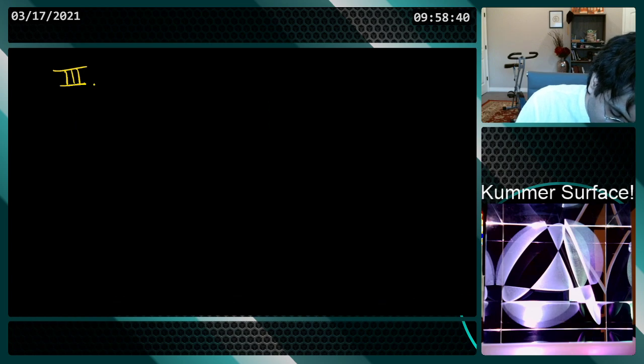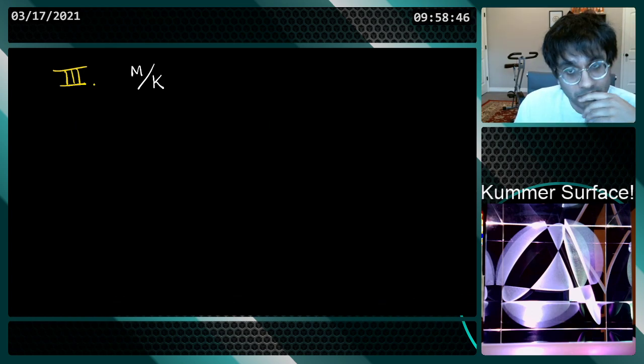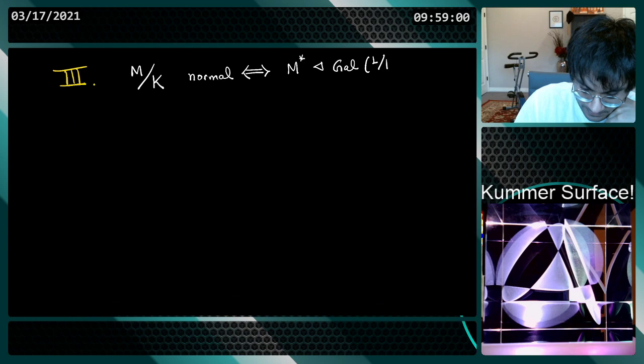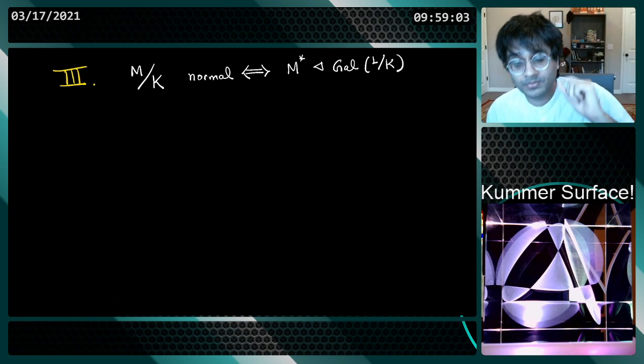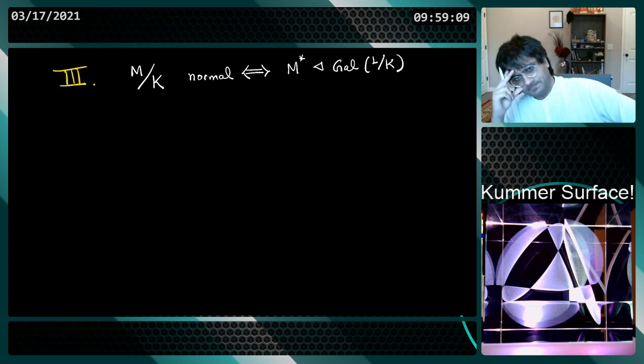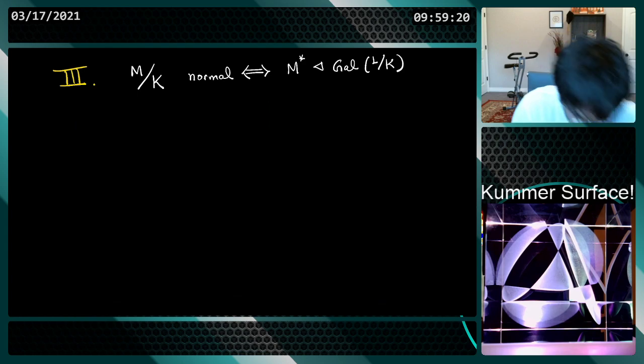What does it say? M over K is normal if and only if the corresponding group is a normal subgroup. All right. Let me just choose one direction real fast.